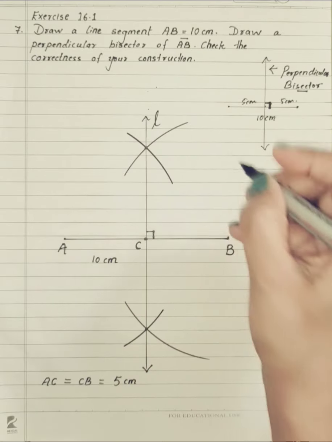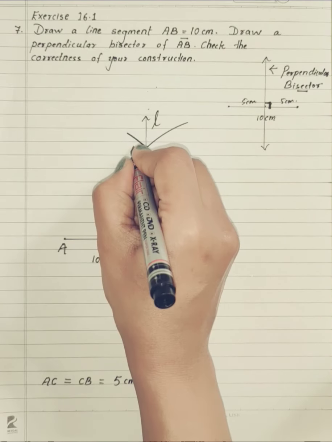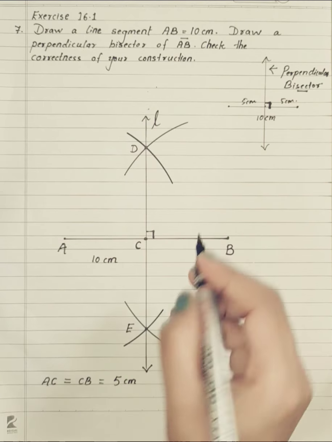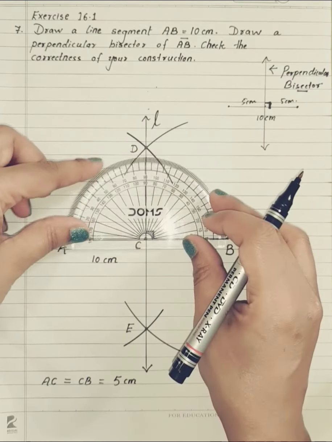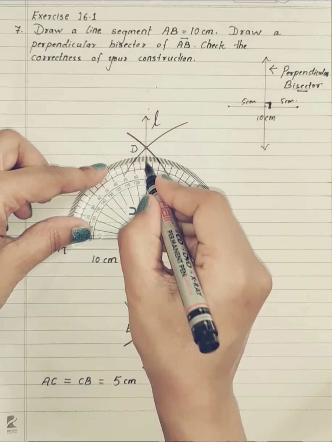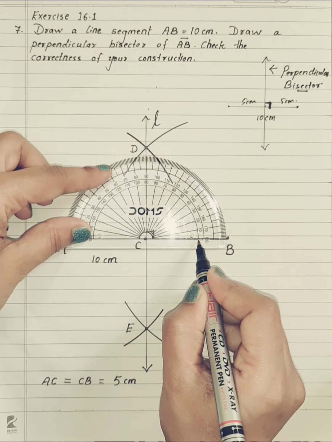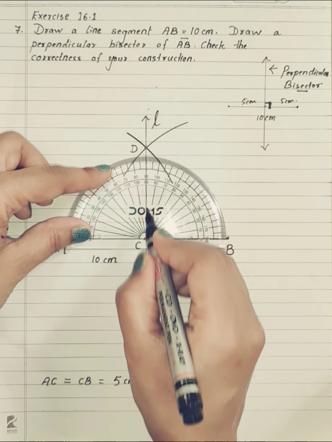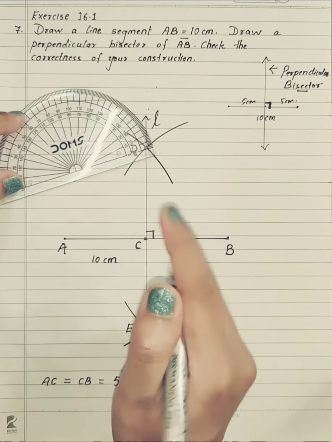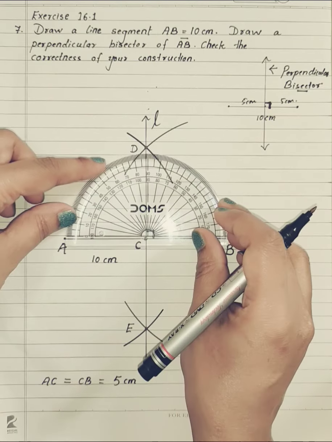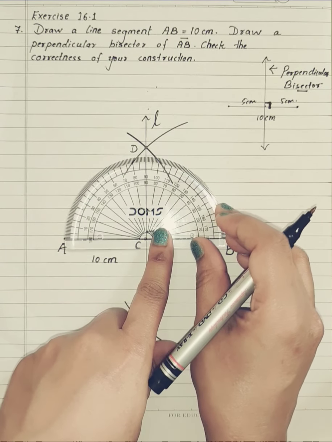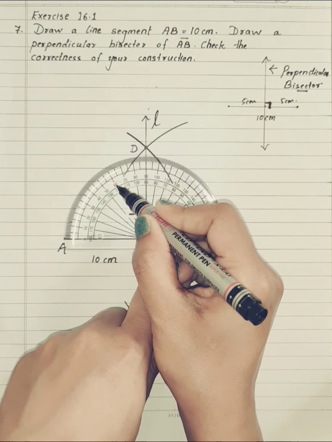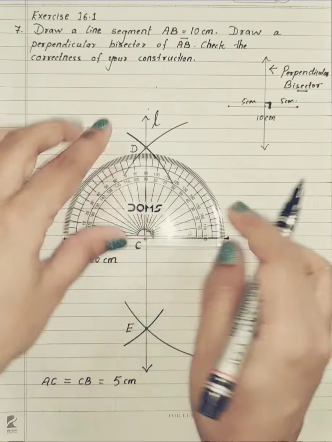If you want, you can name this point D and this point E. And see, if I keep it here and start from 0, so 0, 10, 20, 30, 40, 50, 60, 70, 80, 90. So this is coming 90. And if I check this side angle, I'll start from here: 0, 10, 20, 30, 40, 50, 60, 70, 80, 90. This is also coming 90.